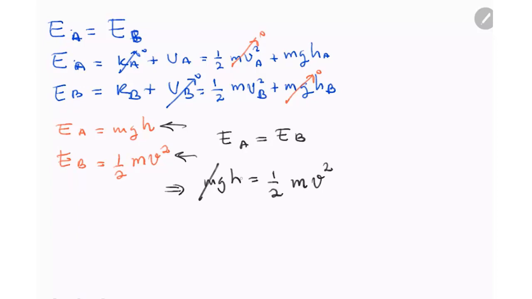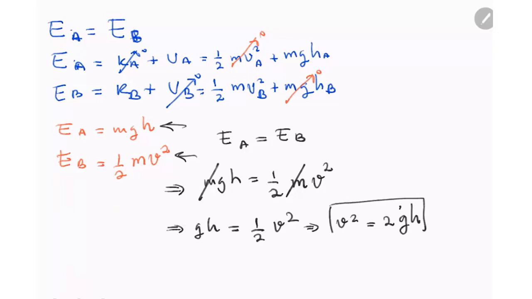If we cancel the masses out, we have gh is equal to 1/2 of the velocity squared. Okay? And if we clear the velocity in this equation, we have the velocity squared is equal to 2h gravity. And we are going to call this equation number 3.